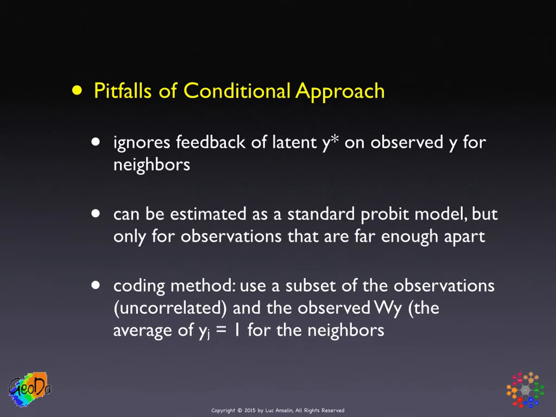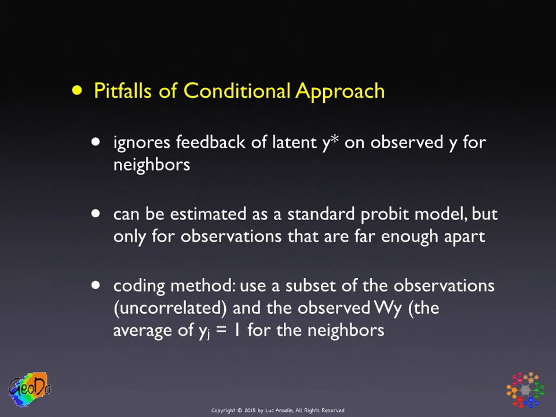The advantage of the conditional approach is that it can be estimated as a standard Probit model, but only for observations that are far enough apart in the sense that we can ignore the feedback effect of the latent y star on the observed y.